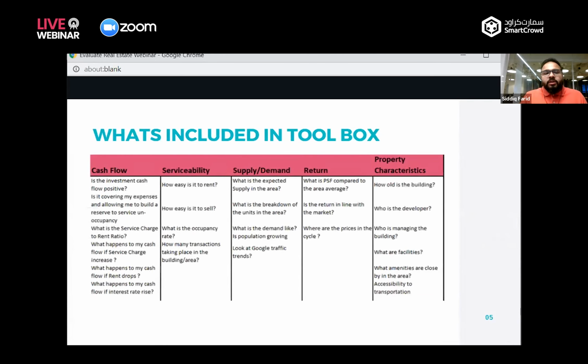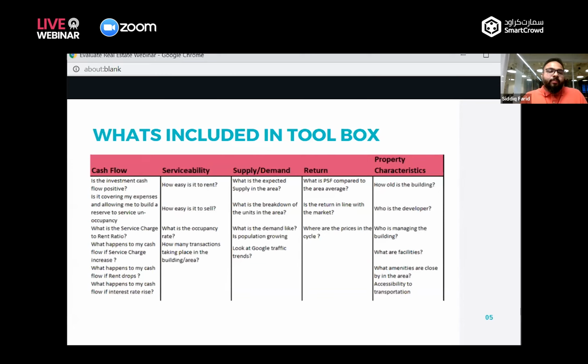So what's included in this toolbox? There are various aspects of it, and this is not an exhaustive list, but it's a good starting point, and over time you refine and improve it, adding and removing things as you evolve as a real estate investor.